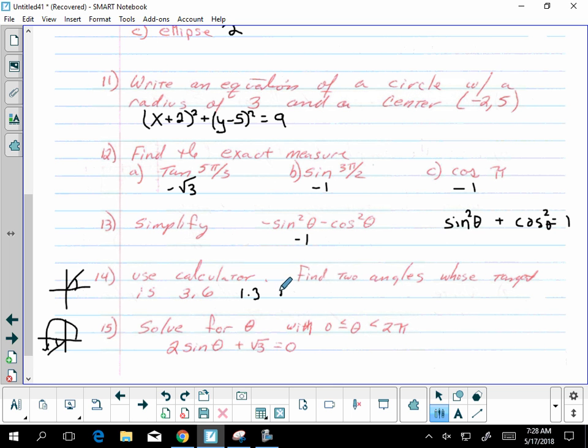So the other one is just going to be 1.3 plus 3.14, and you get 4.44. And you could always check yourself by taking the tangent of that.